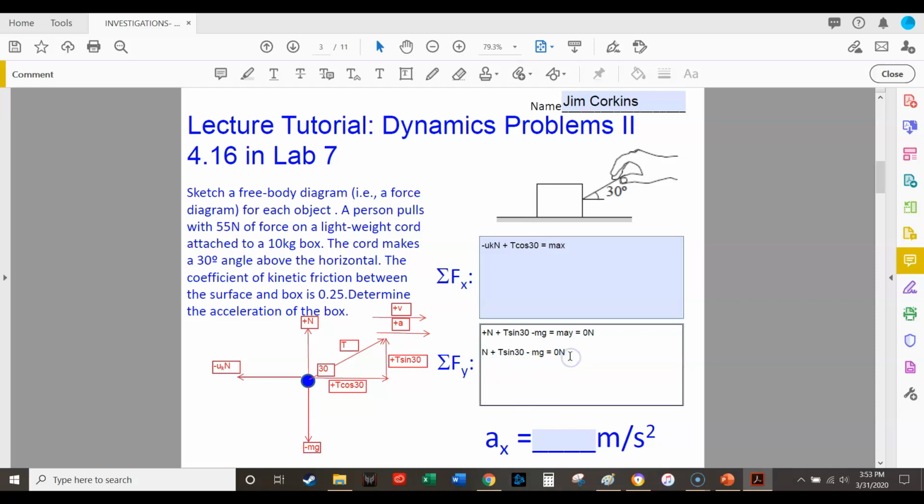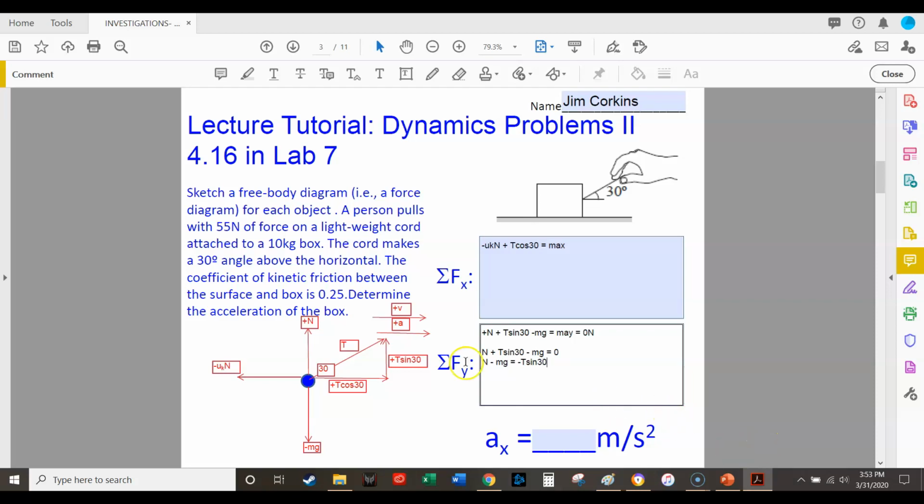And that will give me the normal force minus mg equals negative t sine of 30 degrees. I don't know why I keep hitting the M button.